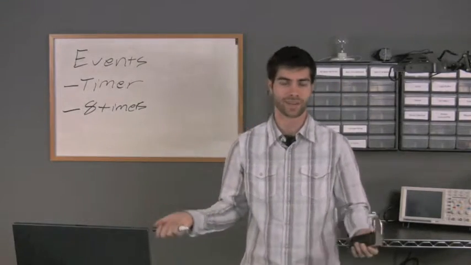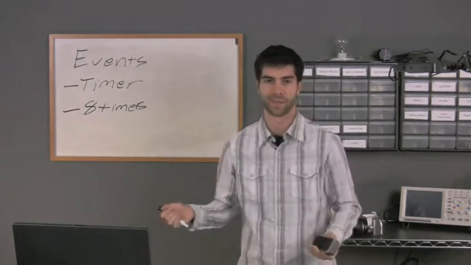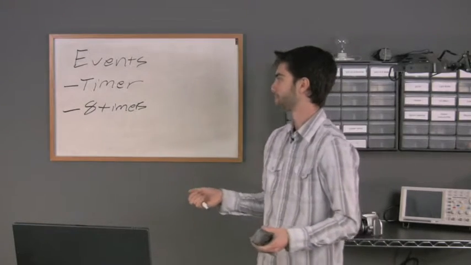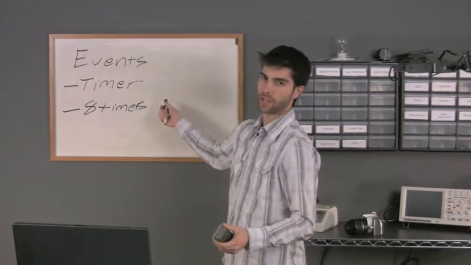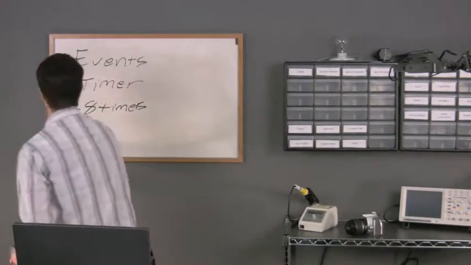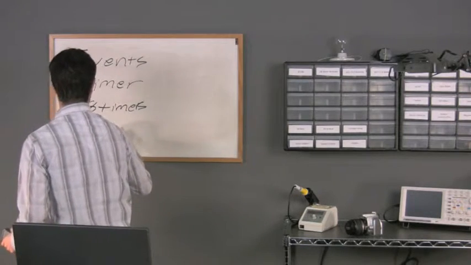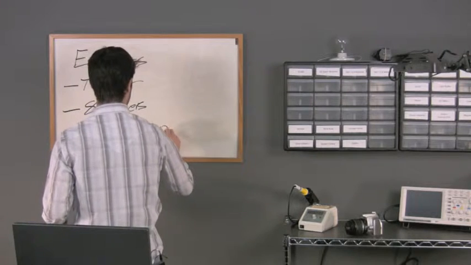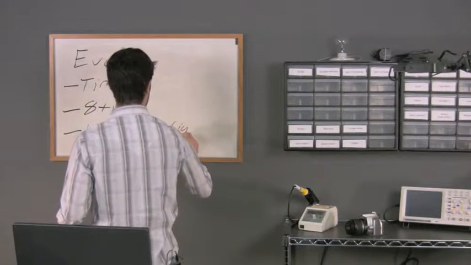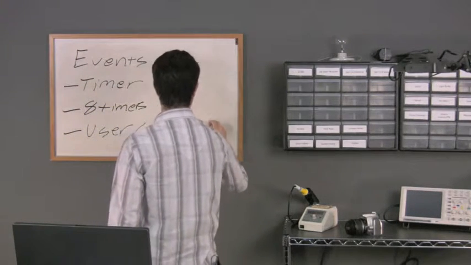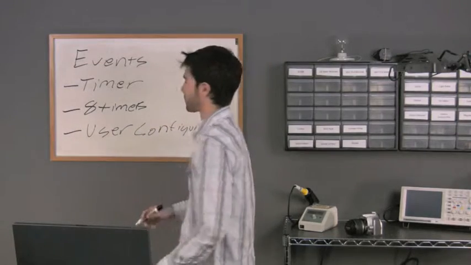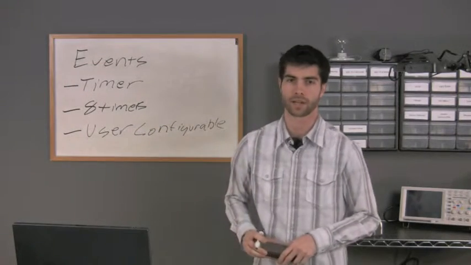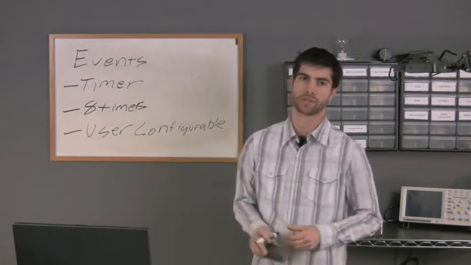We didn't put days on there, but let's not get carried away. So those are your timers, okay? And you have 8 of them. And they are user, being you, configurable. So you can set them to any amount of time you want using the configuration utility.